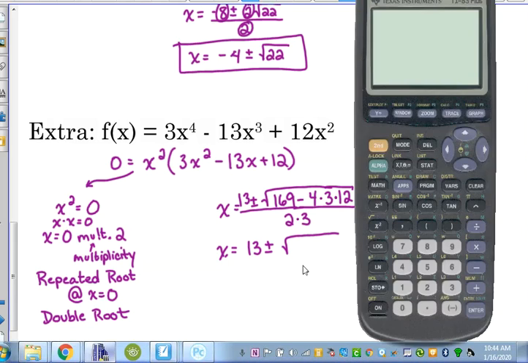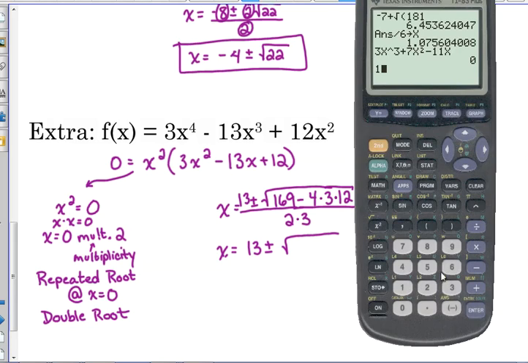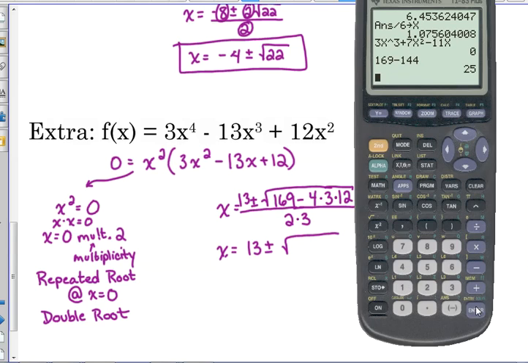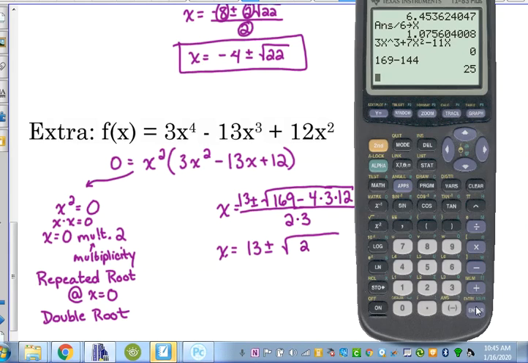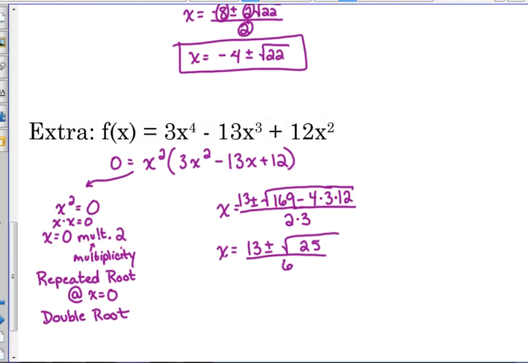All right, so 169, I'm not going to challenge myself. Now, 169 minus 144 is 25. Oh, this is totally factorable. What was I thinking? Oh well, good opportunity to show you how it still works out. So let's see here. We've got 25 is a perfect square.